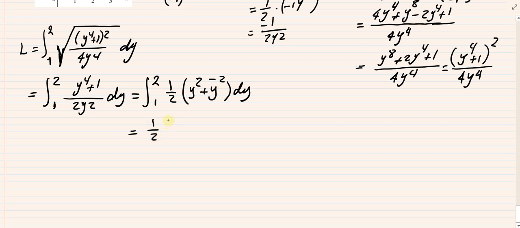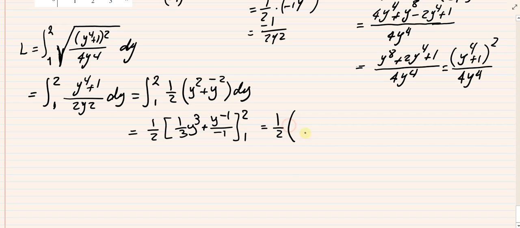The integral is going to be 1/2 times 1/3 y cubed plus y to the negative 2 plus 1, which is negative 1, divided by negative 1, from 1 to 2. And this is going to give me 1/2. Let's see, plug in the upper limit.